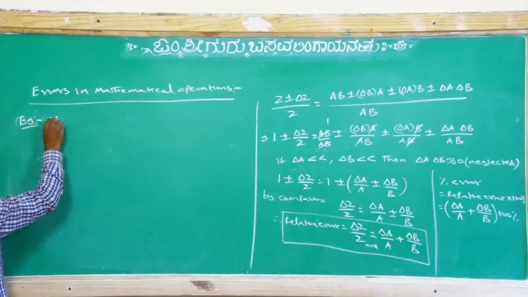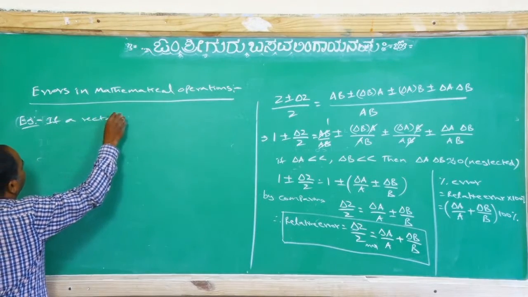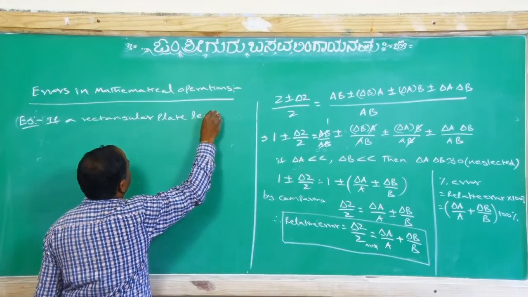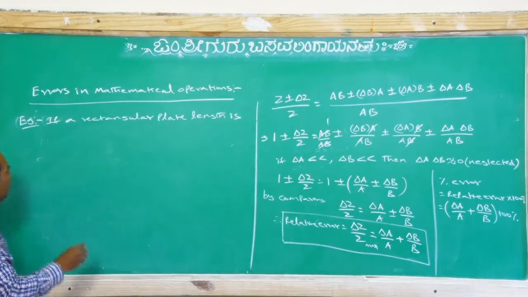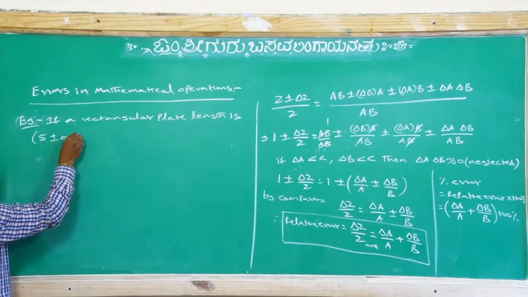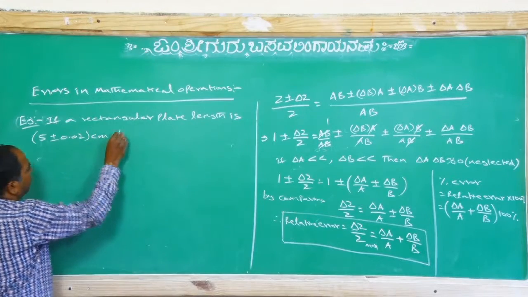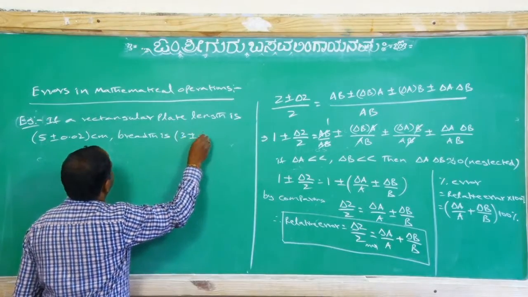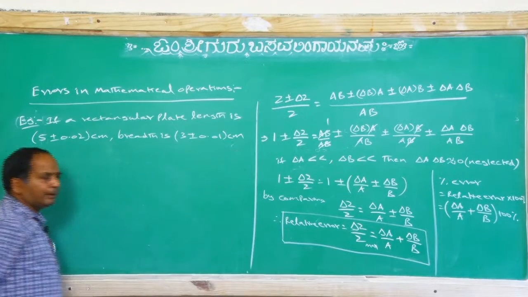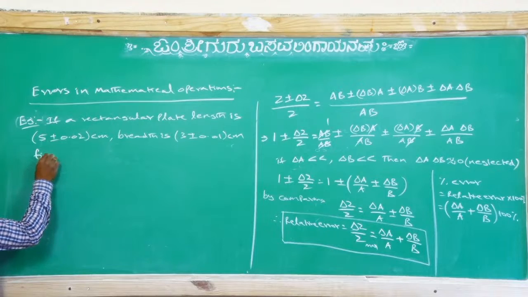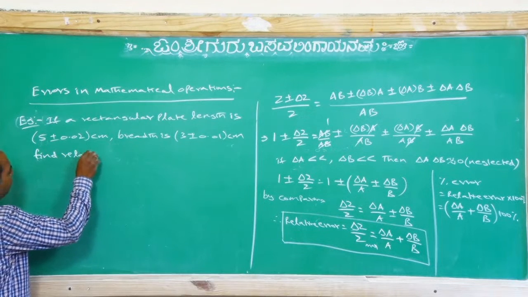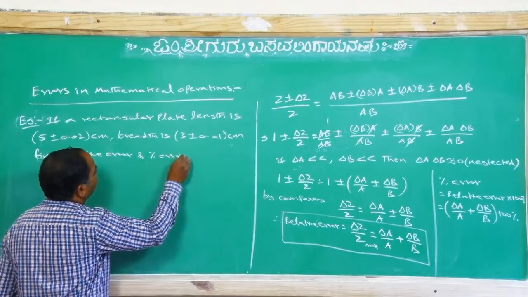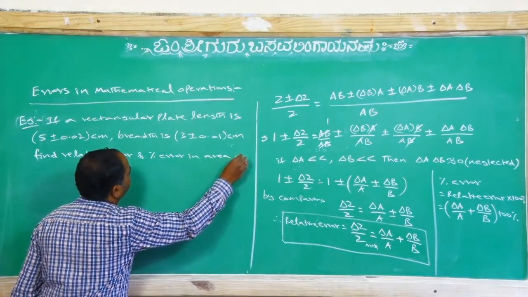If a rectangular plate has length 5 plus or minus 0.02 centimeter, and breadth 3 plus or minus 0.01 centimeter, find the relative error and percentage error in the area of the plate.